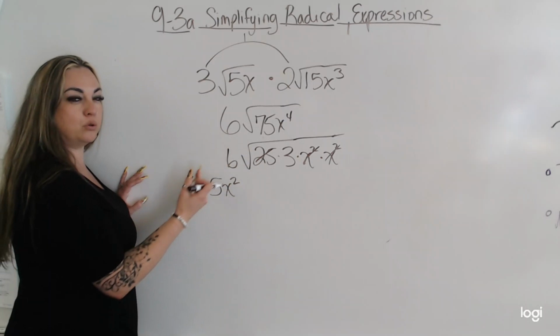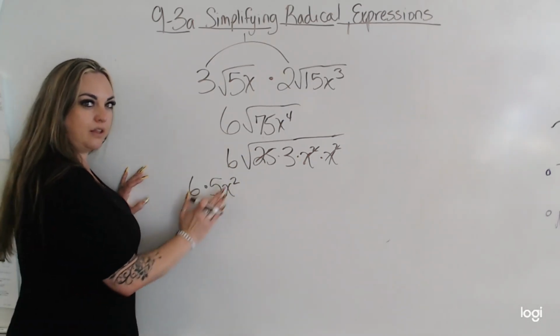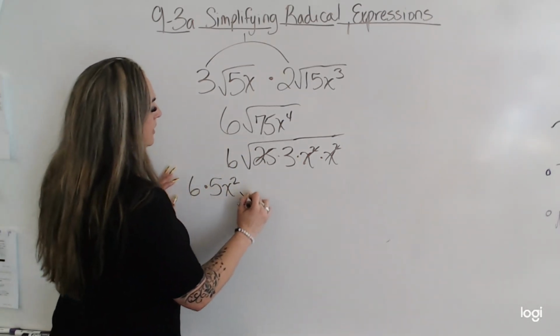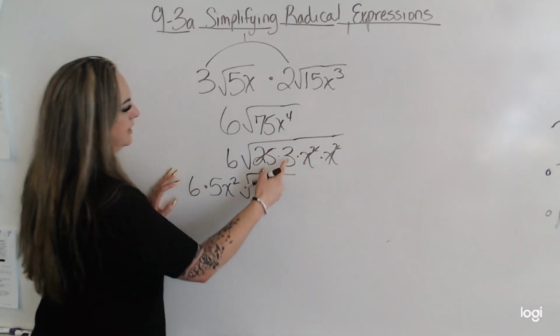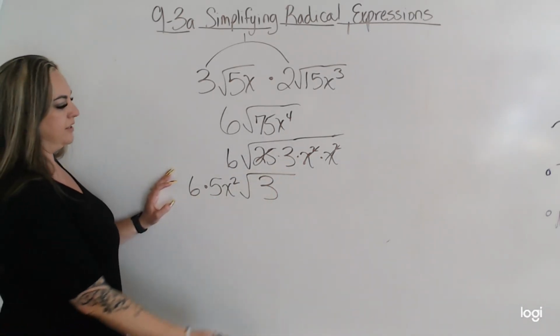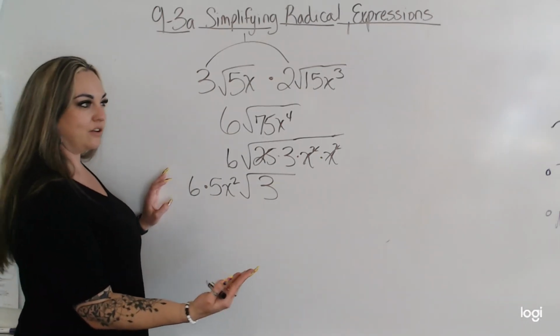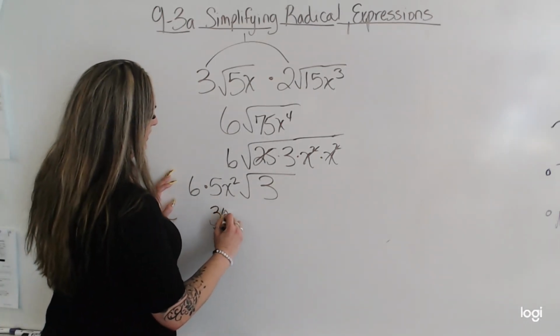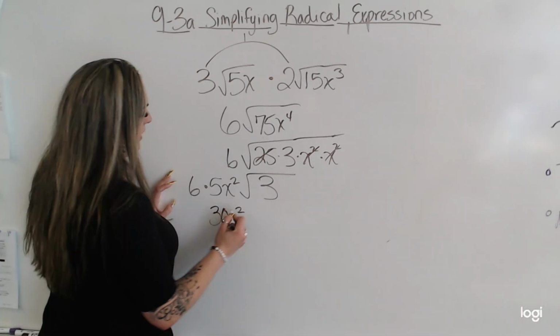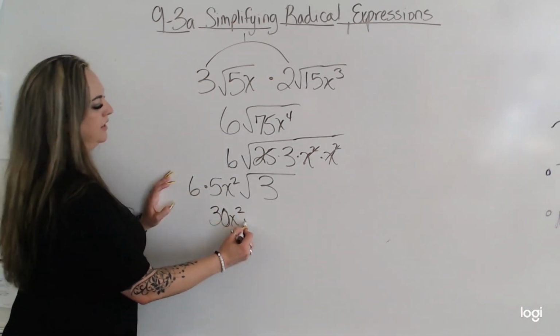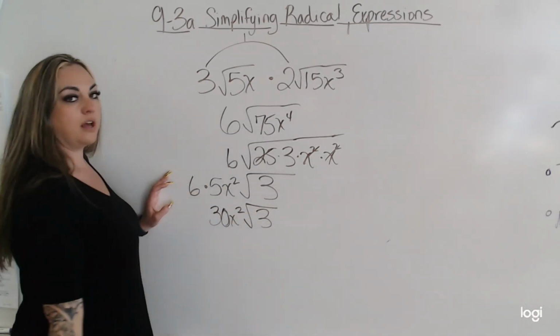Anything that I have pulled out is being multiplied on this side. Okay? What's left is the square root of 3. So I'm taking 6 times 5x squared, put that together, that is 30x squared times the square root of 3.